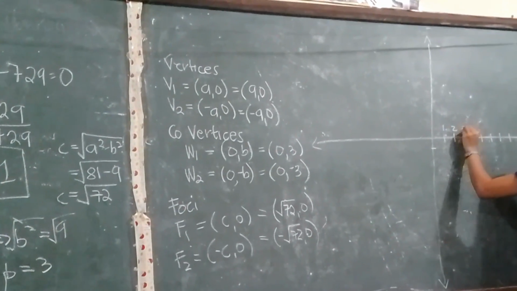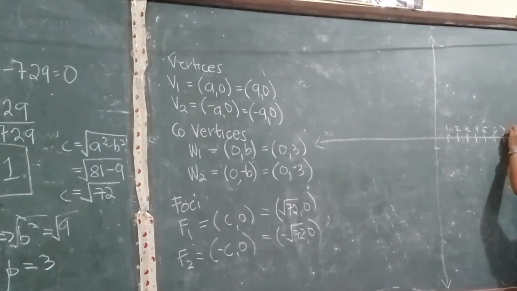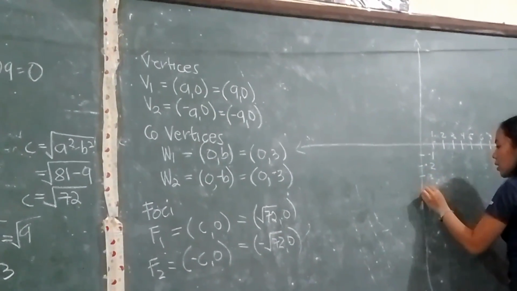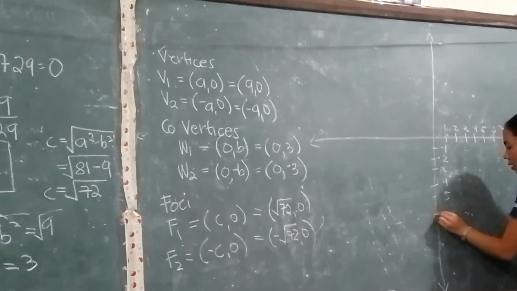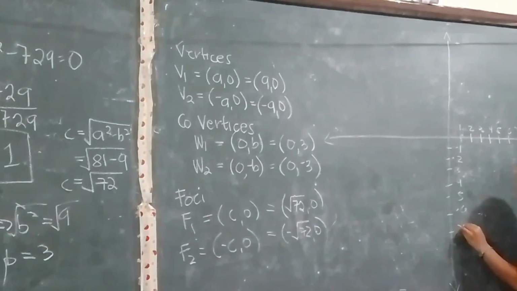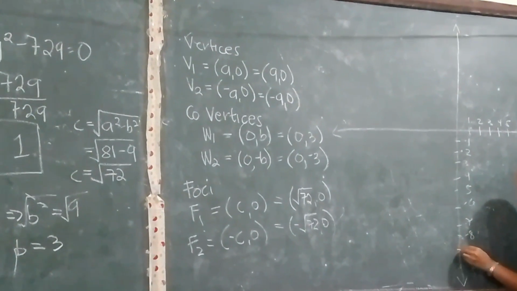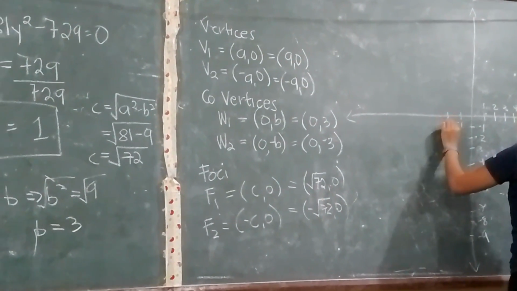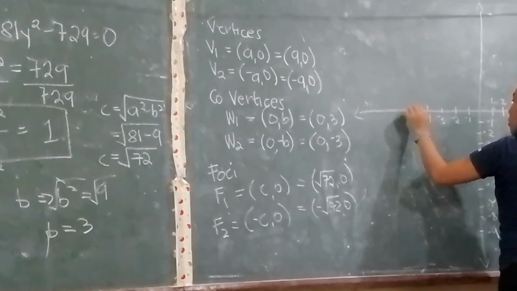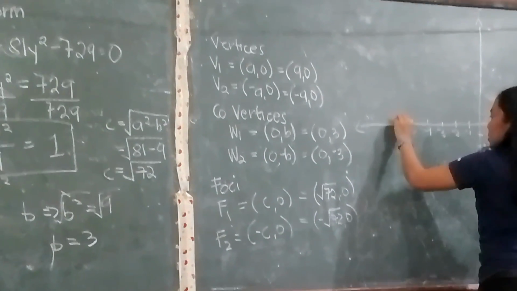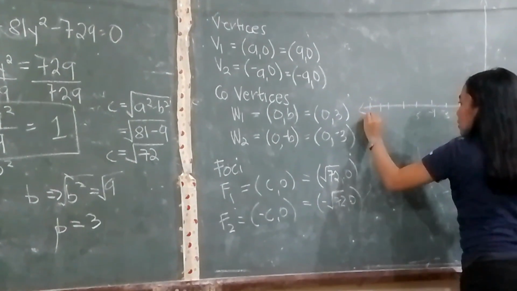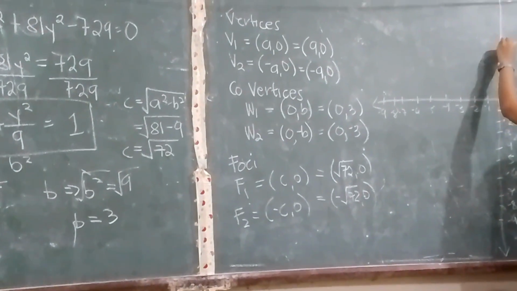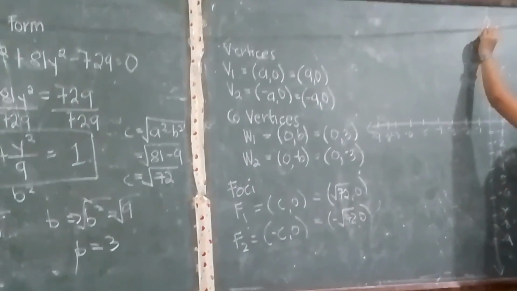We also have negative 1, negative 2, negative 3, negative 4, negative 5, negative 6, negative 7, negative 8, negative 9. And we also have here 3, 4, 5, 6, 7, 8, 9.